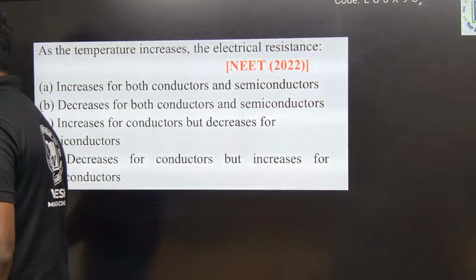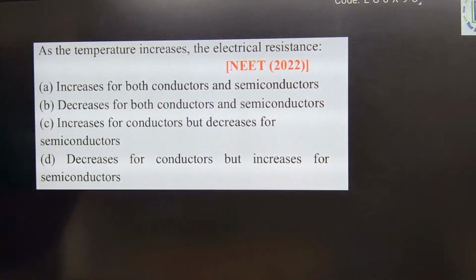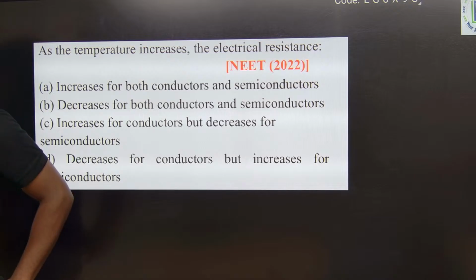Yeah, that's correct. Option C is the correct answer. We'll go for the next question.